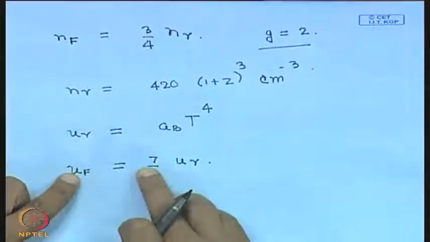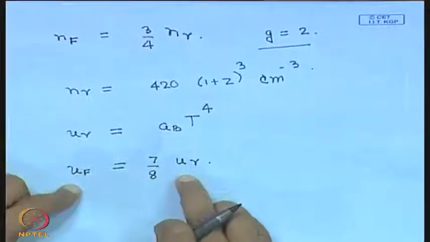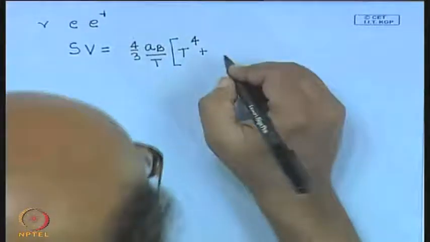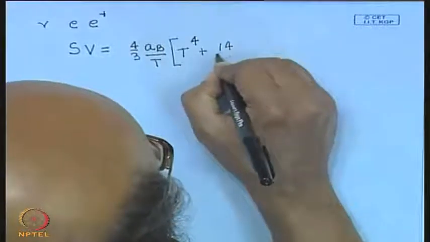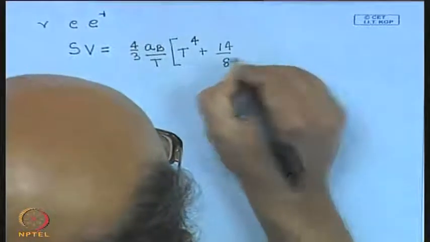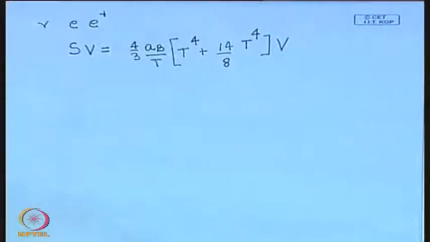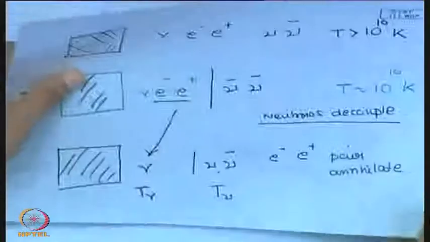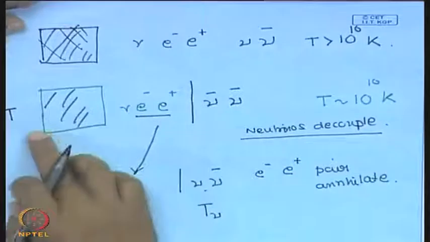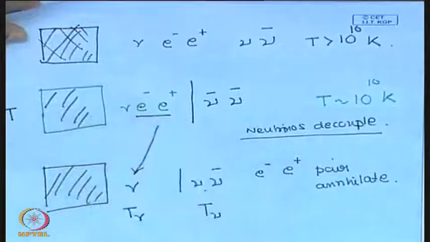For each kind of fermion, the internal energy is 7/8 that of the photon. So this will be 14 by 8. So this is the entropy in this volume V, due to the photons and electron positron pairs.